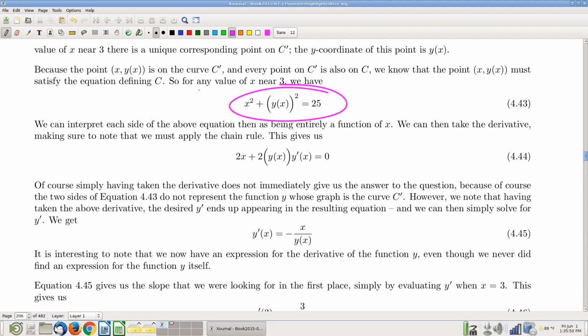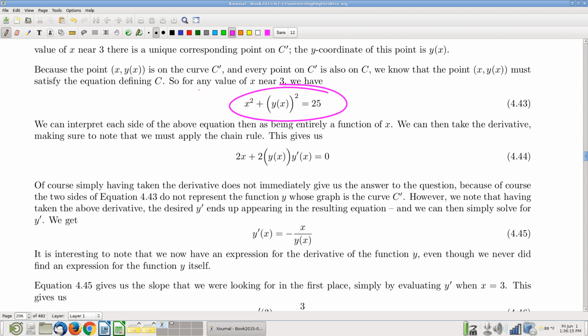And that's what I'm going to plug into an equation that gives me the curve. The equation of the curve has y as an input. So altogether, x squared plus this function, y of x squared, is 25.